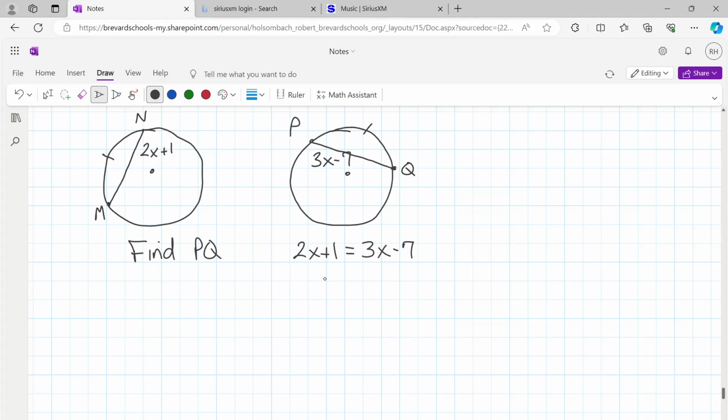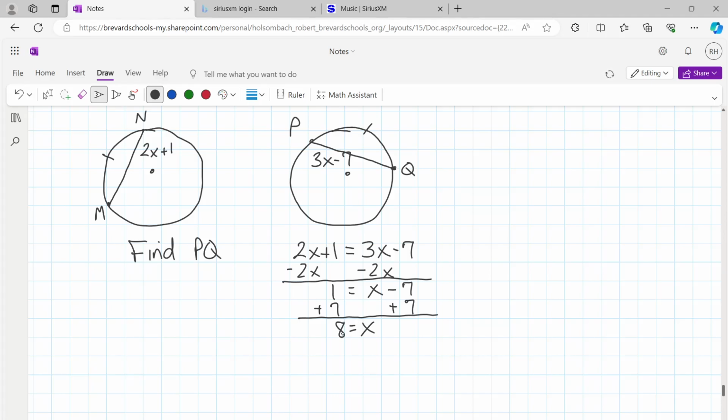We're going to solve for x, and then we're going to substitute. So if we subtract 2x from each side, then 1 is equal to x minus 7. Can add 7 to each side. So 8 is equal to x.